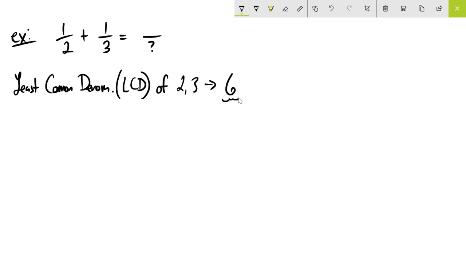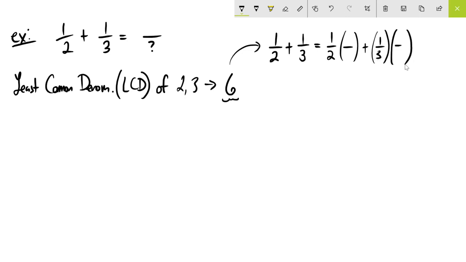Okay? So what we need to do is take 1/2 and 1/3, and manipulate them a little bit. So 1/2 plus 1/3, we need to give these a fraction to help them come up to 6.